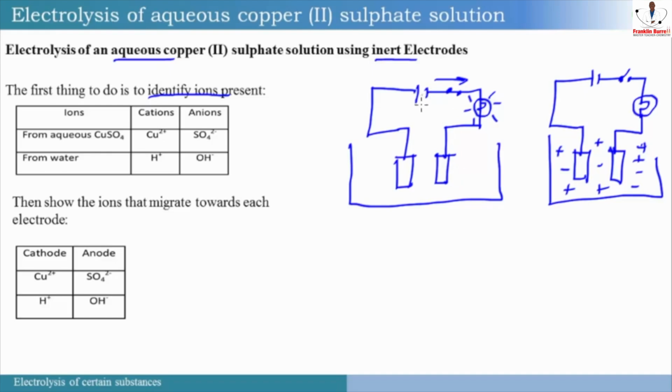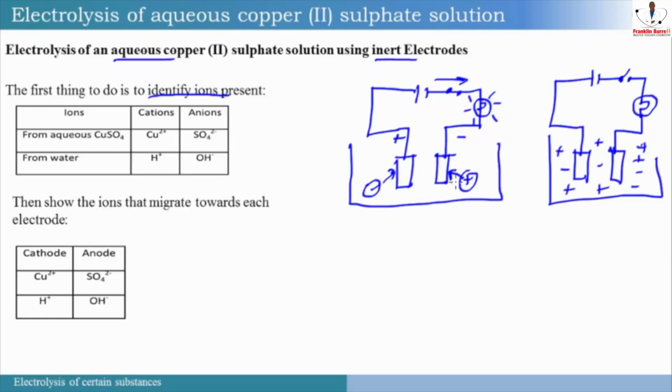So if this is the cathode, it is the negative electrode. And if this is the anode, it is the positive electrode. So negative ions would migrate towards the positive electrode, while positive ions would migrate towards the negative cathode.